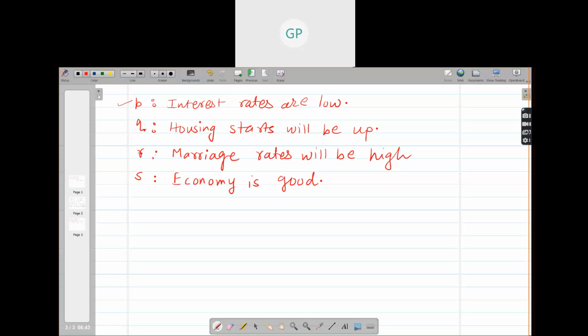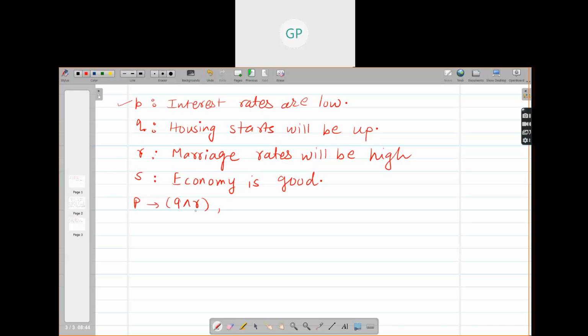So our first compound statement is P implies Q and R. If interest rates are low, then housing starts will be up and marriage rates will be high. That means both the things are happening if P happens. Then next compound statement, what is it?